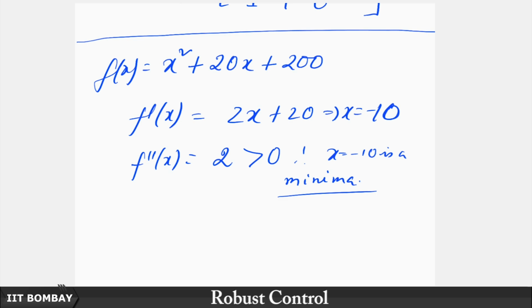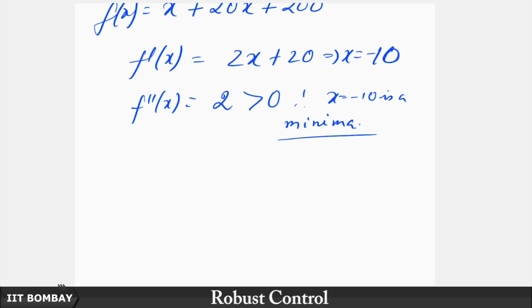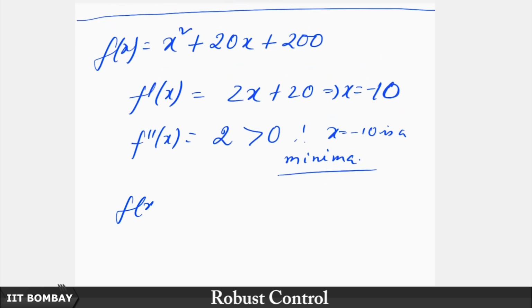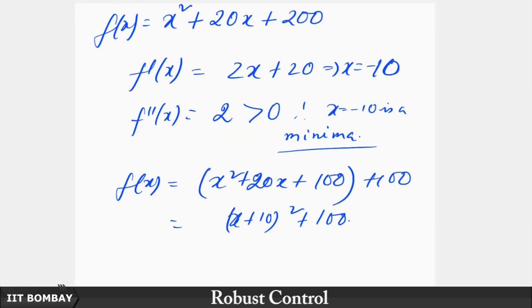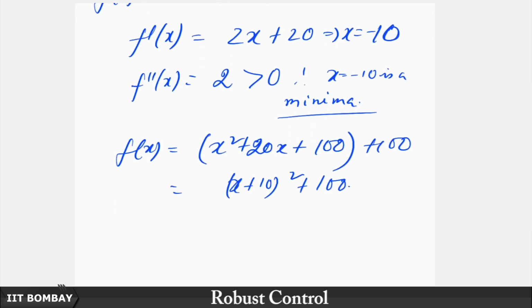Yeah. So, that is using calculus. But on the other hand, you do not necessarily need to use calculus. What you could have also done was you could have taken f x is equal to x squared plus 20x plus 100 plus 100, and you can argue that this is x plus 10 whole squared plus 100. So, if you are interested in what is the minimum value of f x in the second approach, you do not really need calculus.